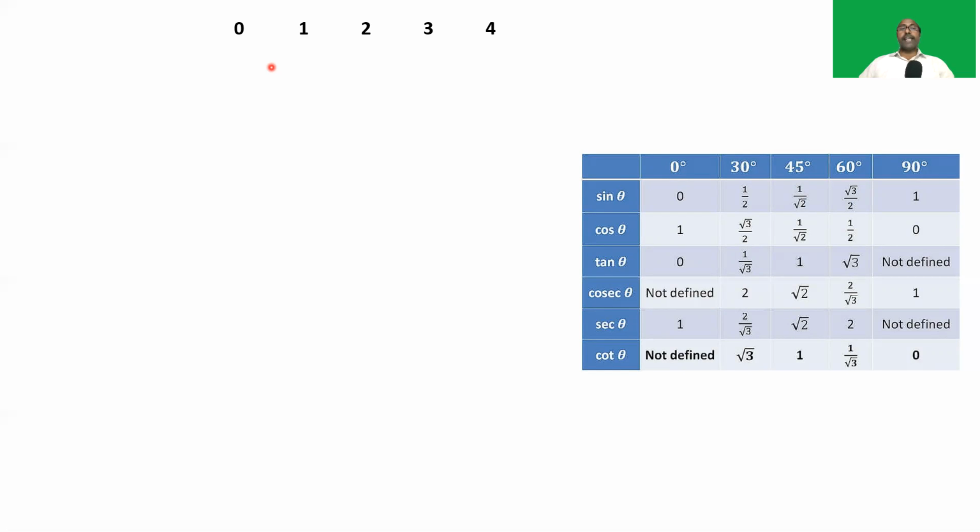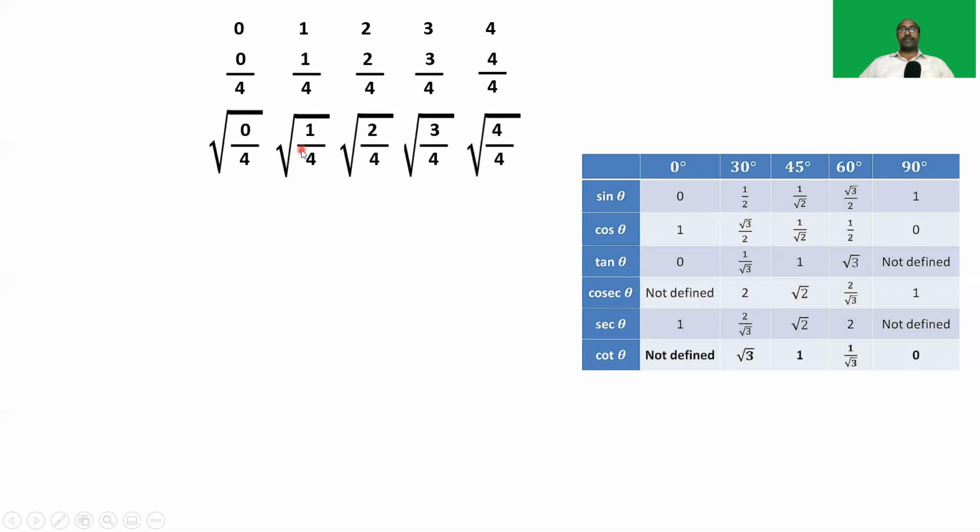Now divide all these values by 4, and take the square root for all these fractions. Now simplify the fractions inside the square root as much as you can.